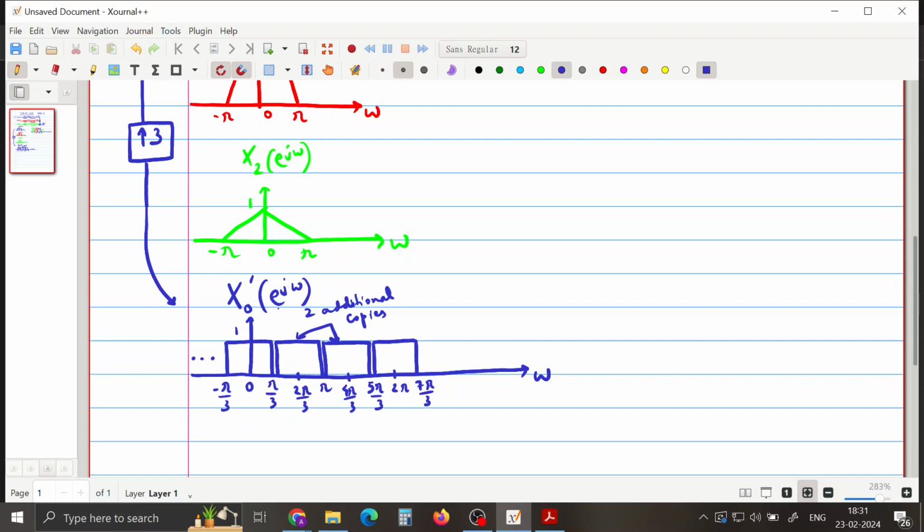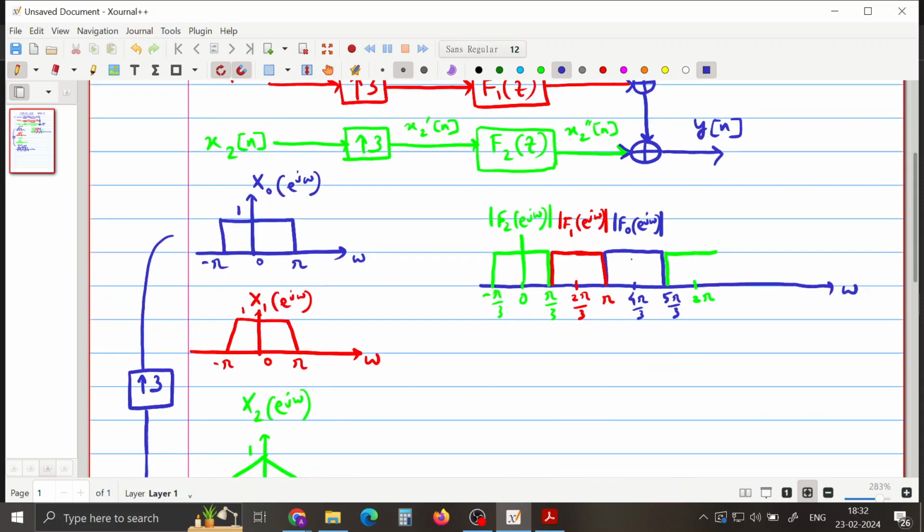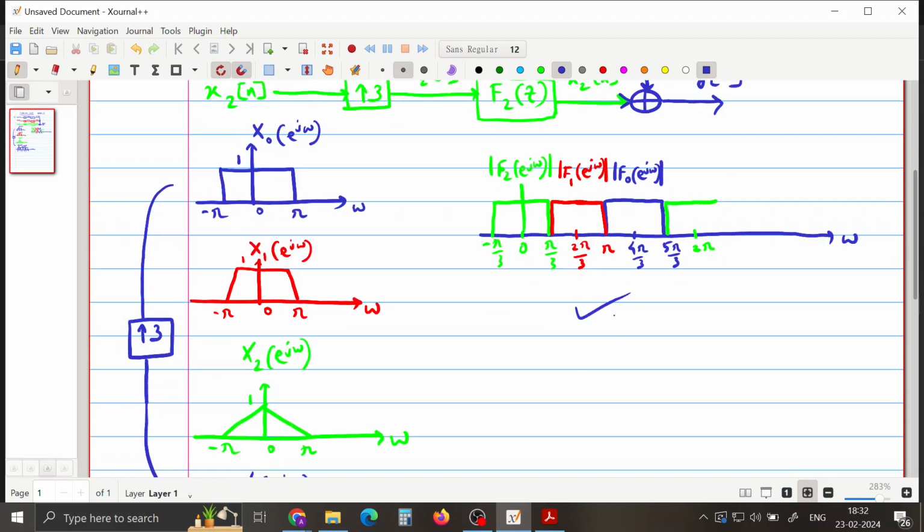Now what happens to x naught prime of e power j omega? We are looking at the top branch, so that gets filtered through f naught of z or f naught of e power j omega, right? That will give me this x naught double prime of n. So what does the spectrum of x naught double prime of e power j omega look like after getting filtered?